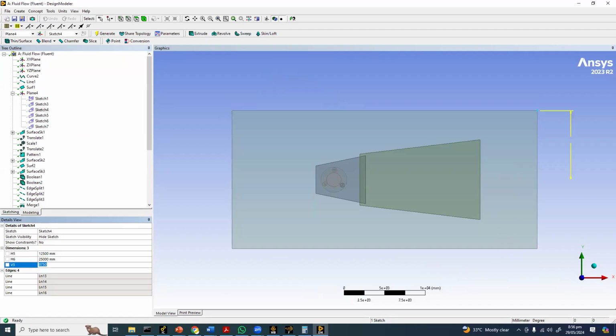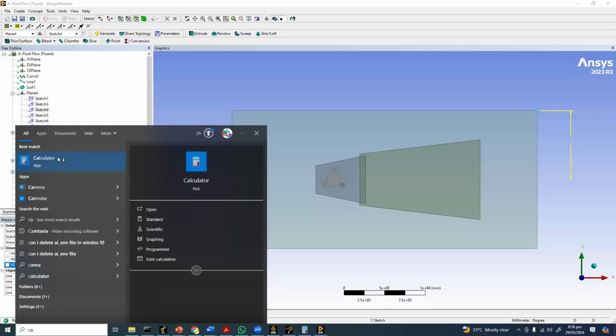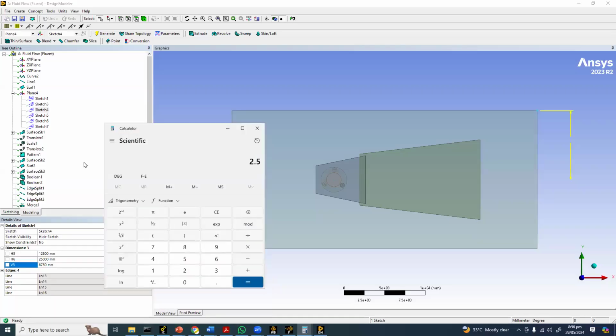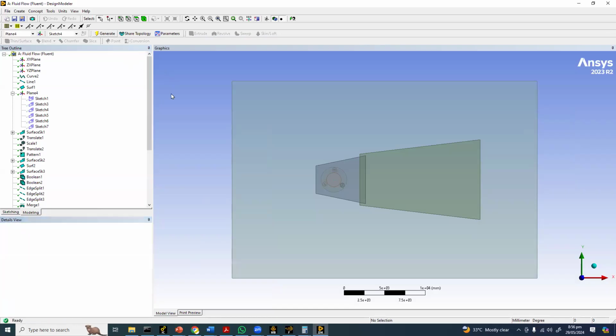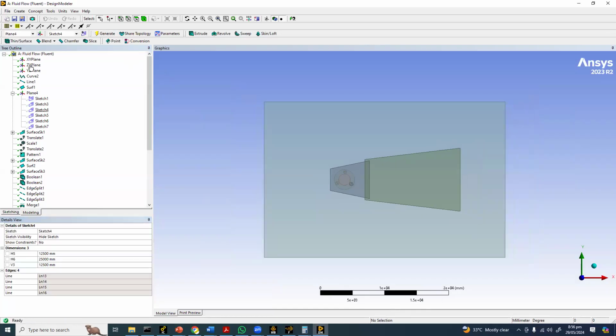This one should be 5D, so calculate: 2.5 into 5 into 1000. It should be 12,500. So 12,500, and click on generate. And now save the file.